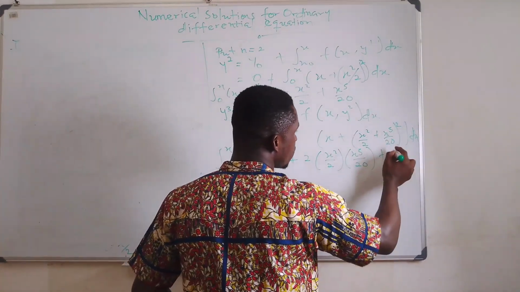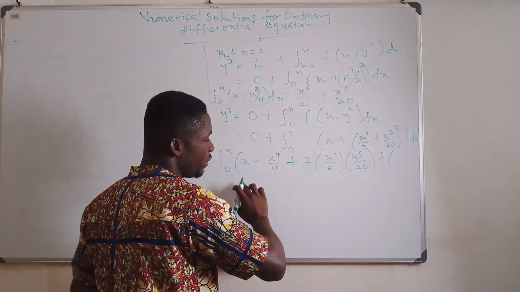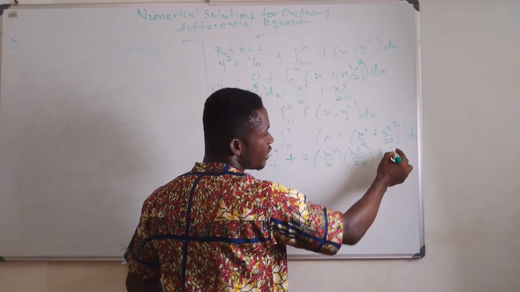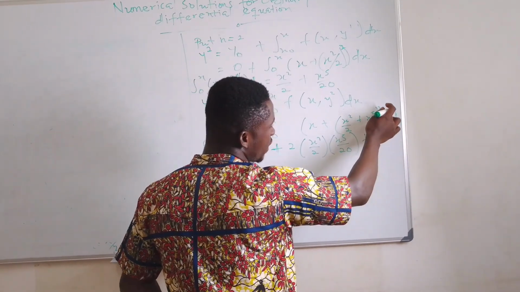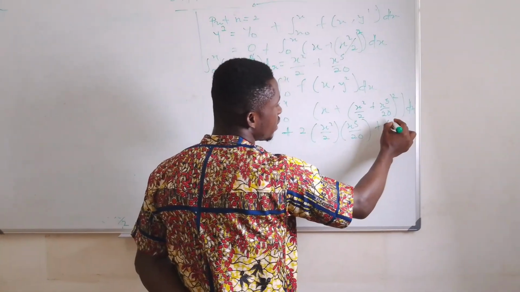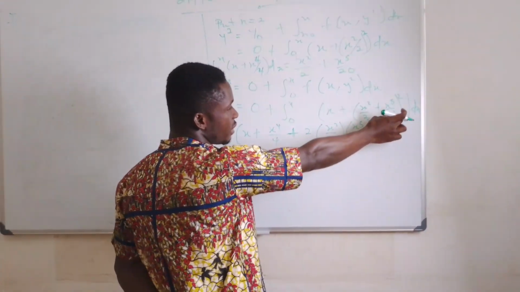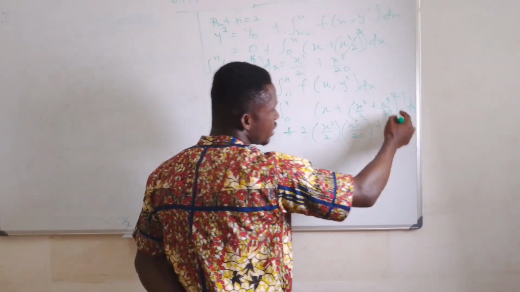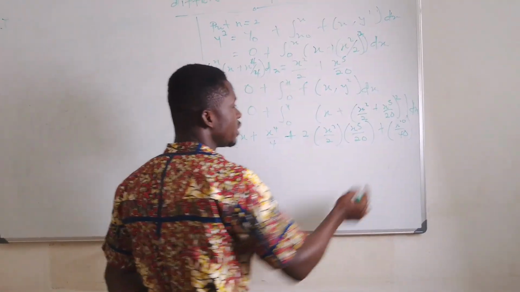Plus this whole square, we are simplifying this bracket. We haven't integrated yet. So here will be x power 10 on the 2 multiplying the 20 squared, we are going to get 400, dx.